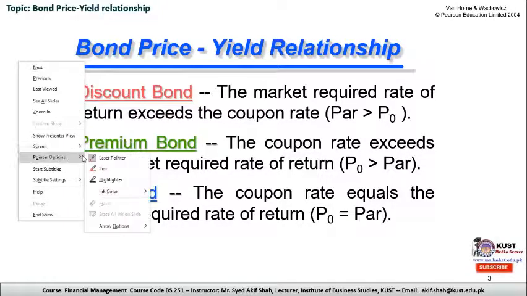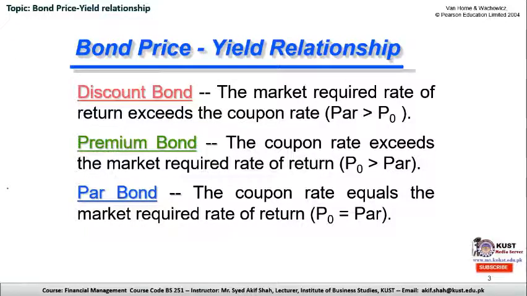Let me select the pen. Let's suppose the face value of a coupon paying bond is $1,000 and it is selling in the market at the same price, which is $1,000. So we can say that when such a bond is selling in the market at face value, this bond is named a par bond.